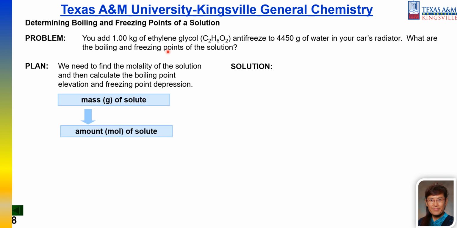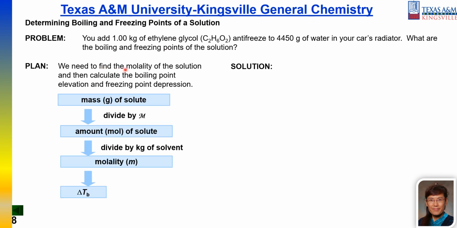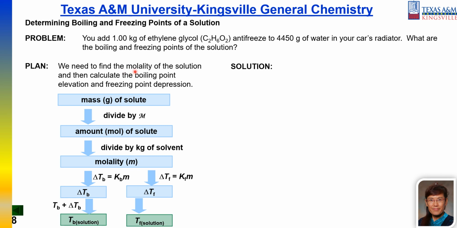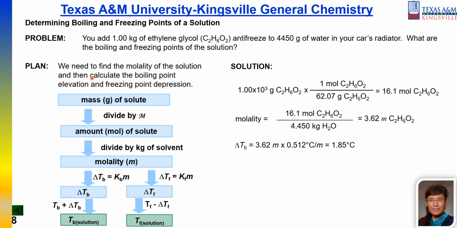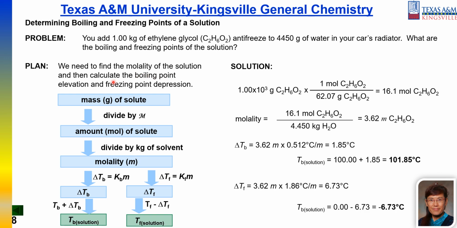What's our plan? First of all, you need to find the molality of your solution, and then based on the two equations, delta TF and delta TB, you can calculate the boiling point and freezing point of your solution.